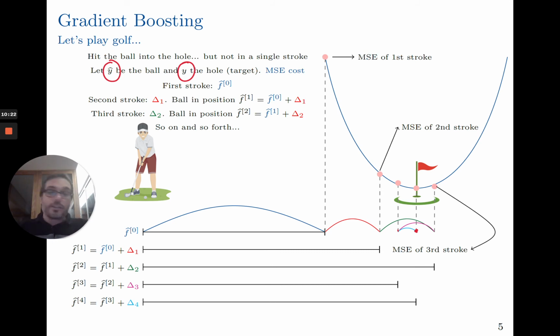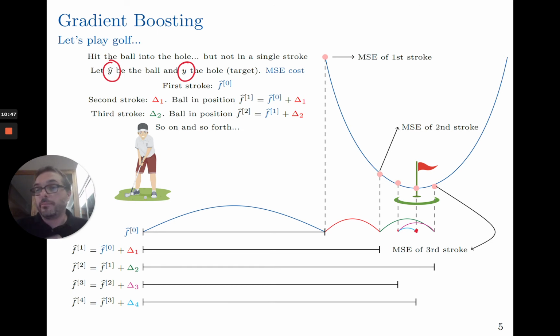So we got closer, and then after that, now we are going to measure the distance between the new point we are at and the target. And then we are going to estimate a model again to get us even closer. And we continue like this until we are close enough by some metric.